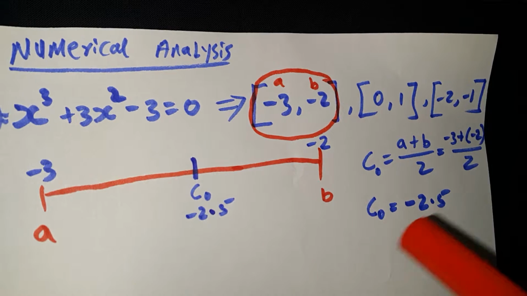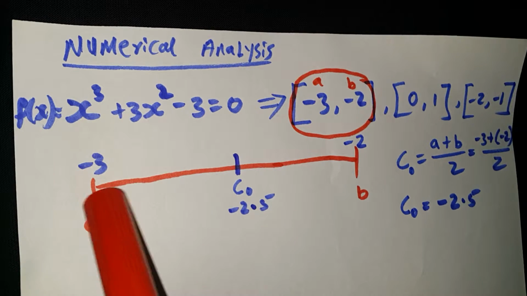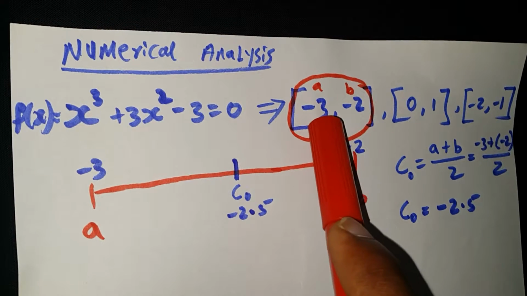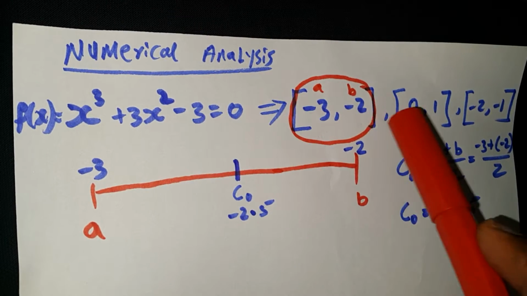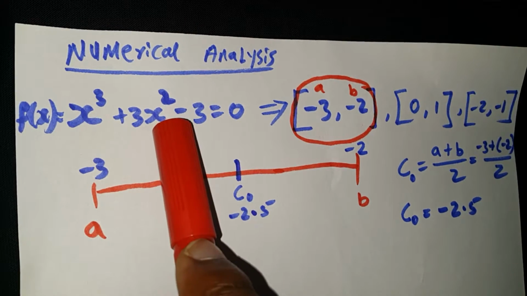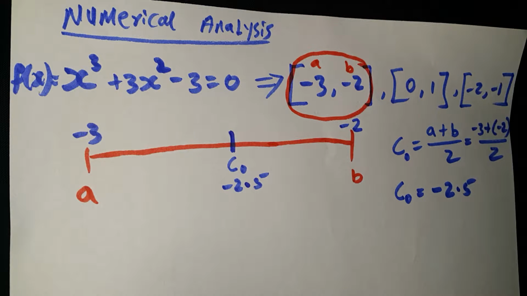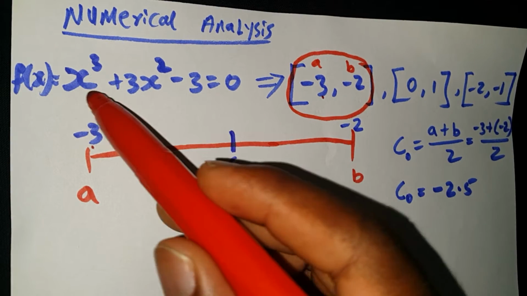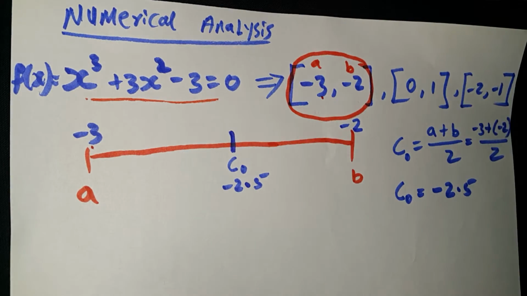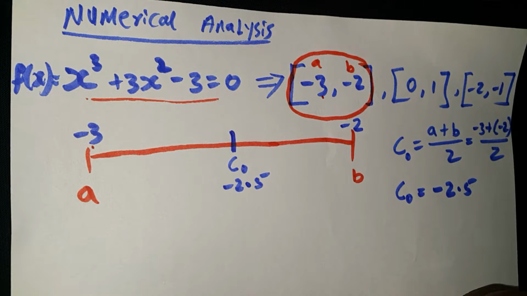Now you will try to find their signs. Even before you draw the line, you have to put -3 into the function to know the sign, then put -2 into the function to know the sign. If you put -3 into the given function, we will have a number less than 0, which means it's minus.